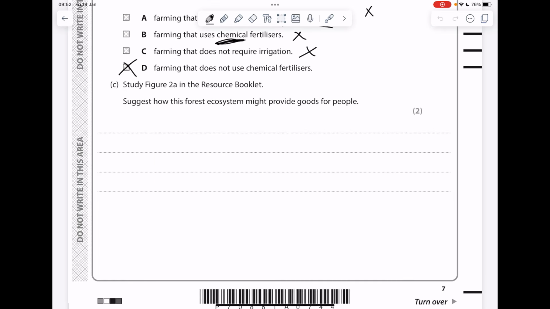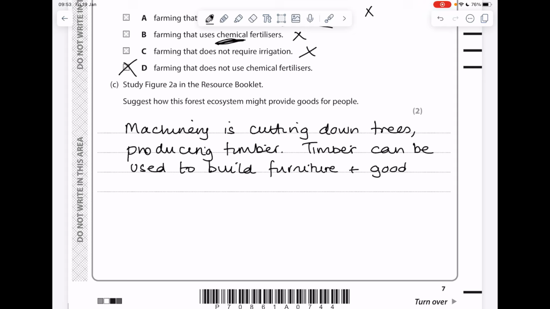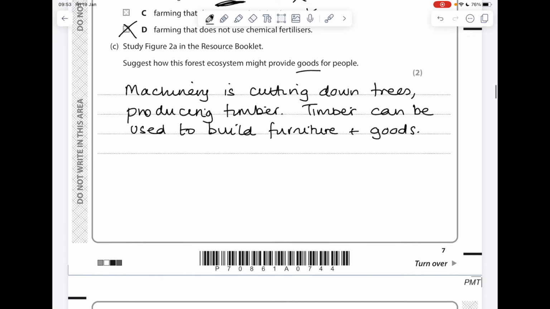So the forest ecosystem picture shows us that first of all machinery is cutting down the trees producing timber, and then that timber can be used. Actually you want to stick with furniture and goods really, just because of the wording of the question.